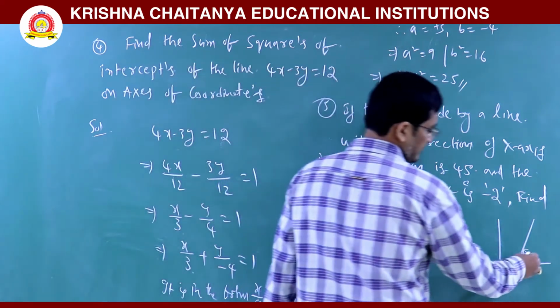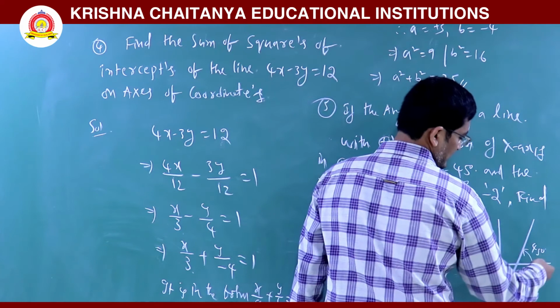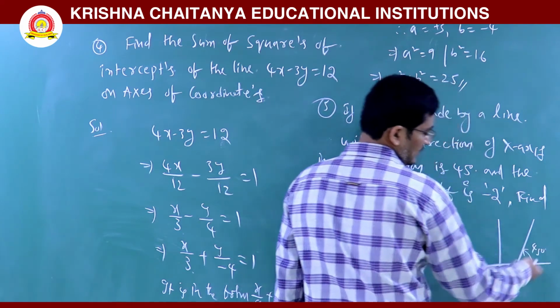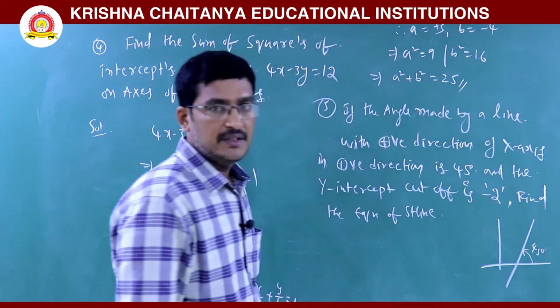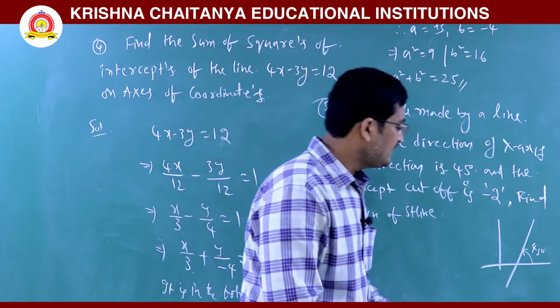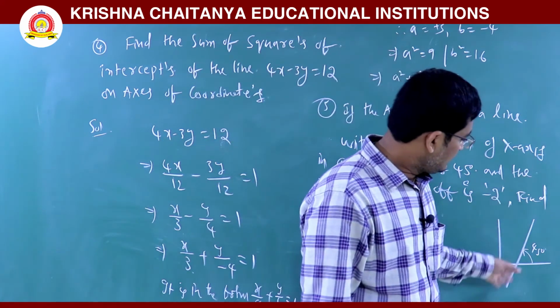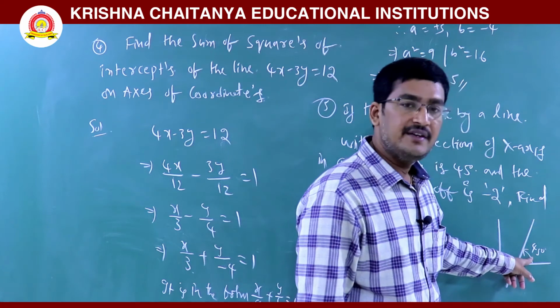This is the angle of inclination of the line. So the angle of inclination of the line is given as 45 degrees.